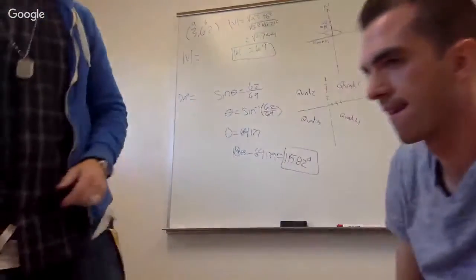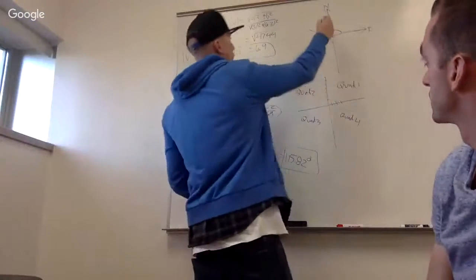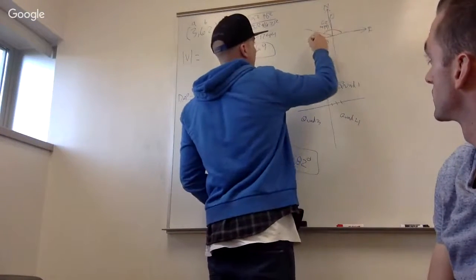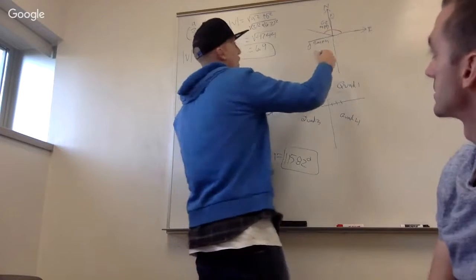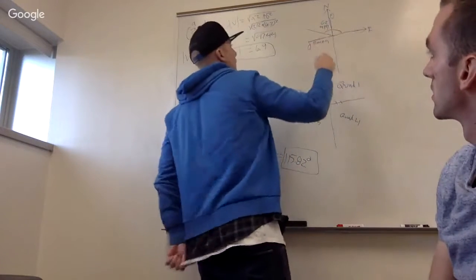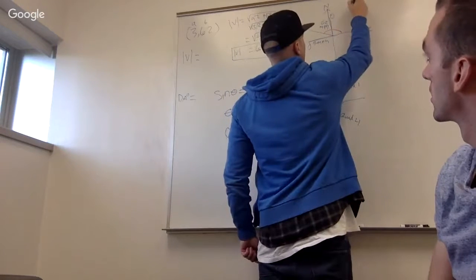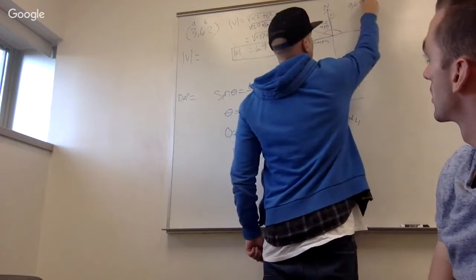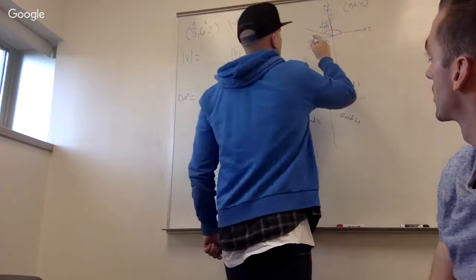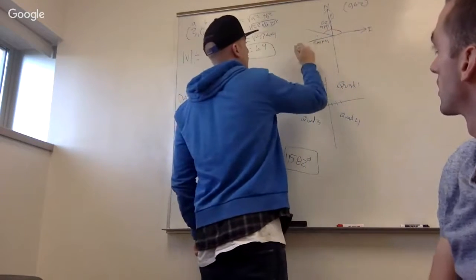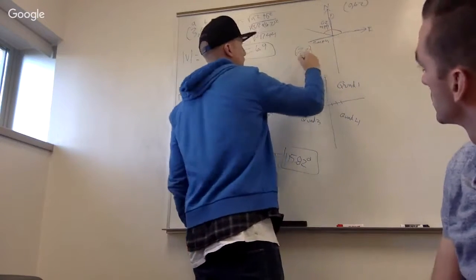See, because if you look at this, it's u plus v. So if we did the resultant of this vector and this vector, that actually makes a lot of sense. This vector right here is 0, 6.2, and this vector would be 3, 0.